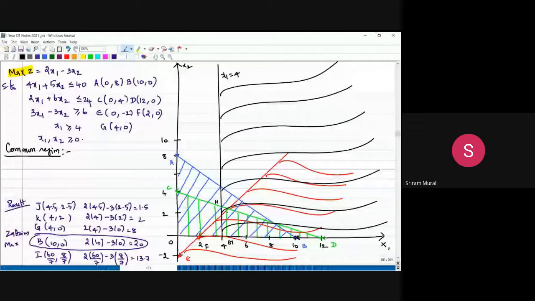This is one point of intersection, this is another point of intersection, A, B, C, D, E, F, G, H. It is my I. It is my J. This is my K.